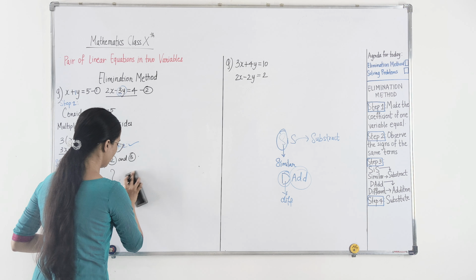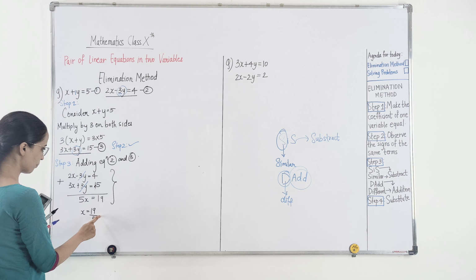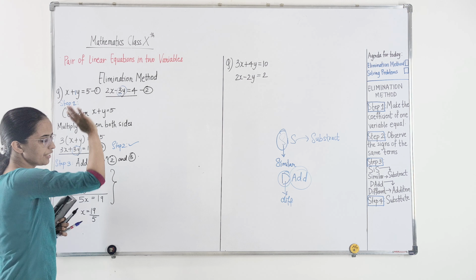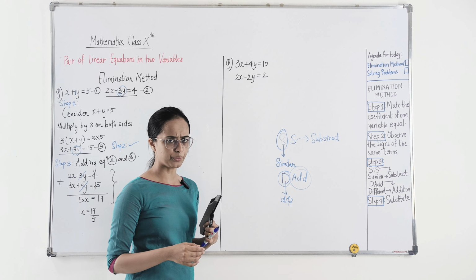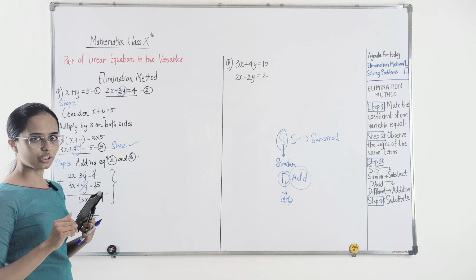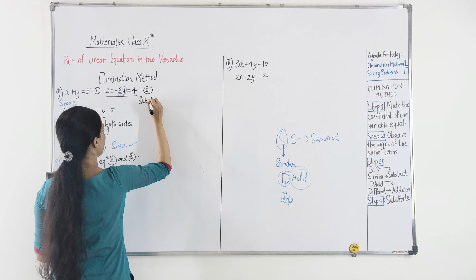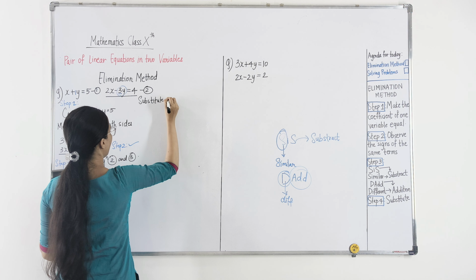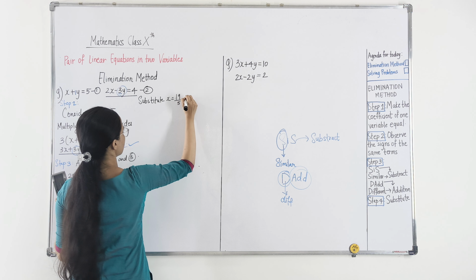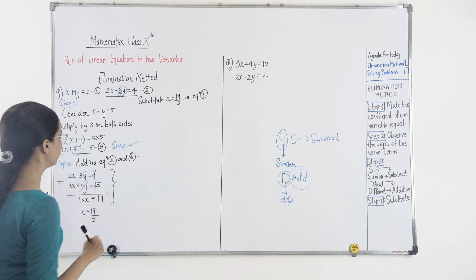Now, what's your step number 4? Step number 4 says to substitute this x into any one of these equations. You can substitute it in any equation, so we will substitute it in equation number 1. So write down: substitute x equals 19 by 5 in equation 1.